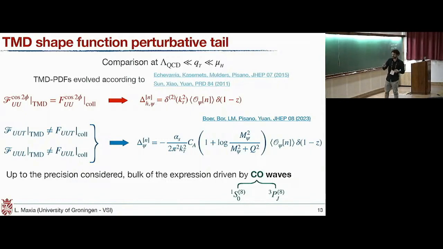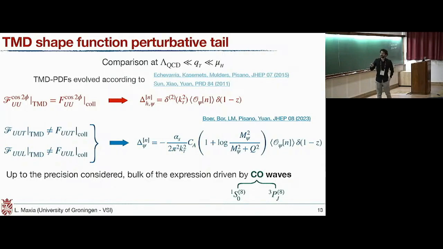First of all, you see there is no cos phi, because the cos phi is suppressed in the TMD region, and when you do the small Qt limit of the collinear, it's also suppressed, so it's not appearing here.